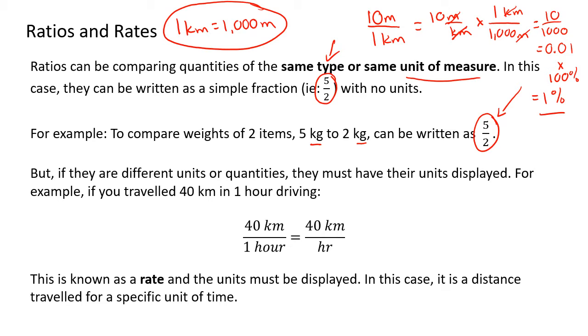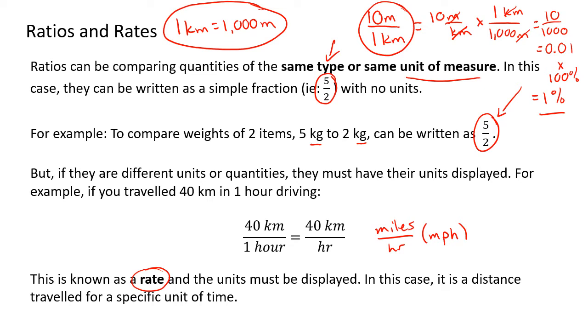Now, if we had left it like this, 10 meters per kilometer, they have different units, so that would be considered a rate. A good example of that is your car or truck speedometer. It gives the speed you're traveling in either kilometers per hour, which is what we are used to here in Canada, or usually on the interior portion of your speedometer dial, there are smaller numbers, and those are miles per hour, abbreviated as MPH.